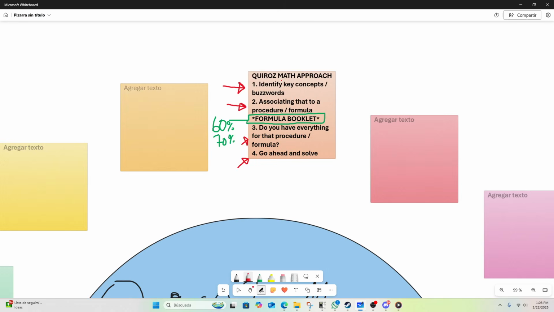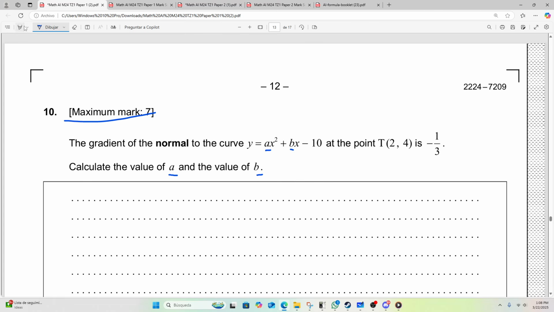Once you train what I call the Quiroz math approach, just to put a name to it, I guess. Step 1, identify key concepts and buzzwords. So the key concepts here would be gradient. So that's understanding gradient, which is associated to the negative 1/3, and also keeping in mind what the heck normal means. That's pretty much it.